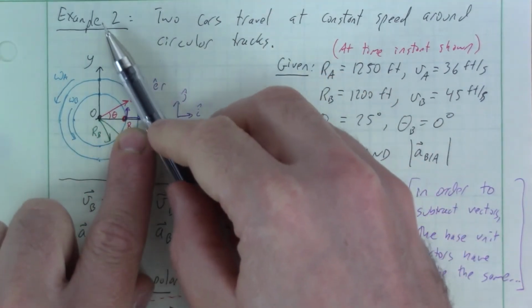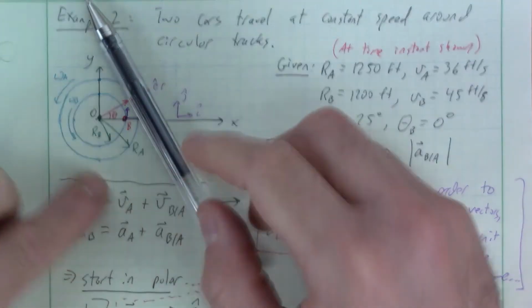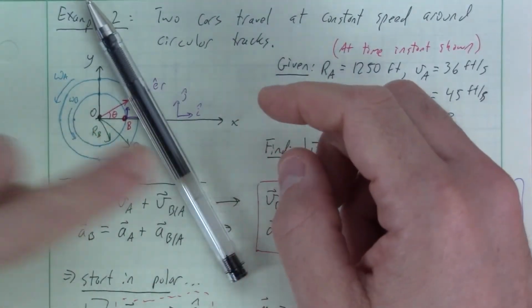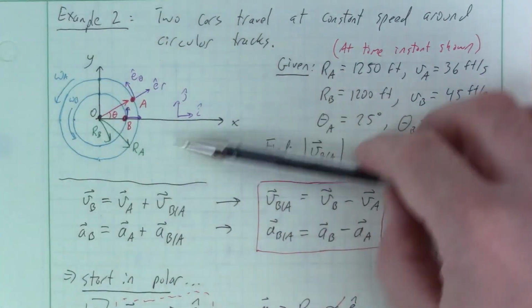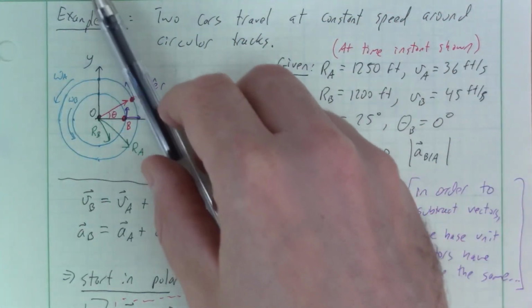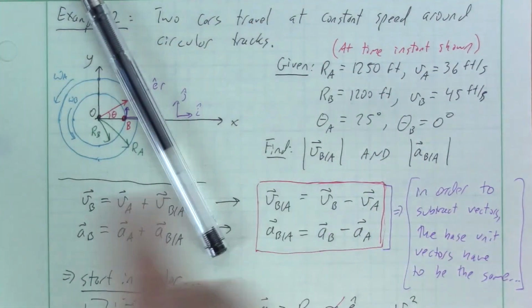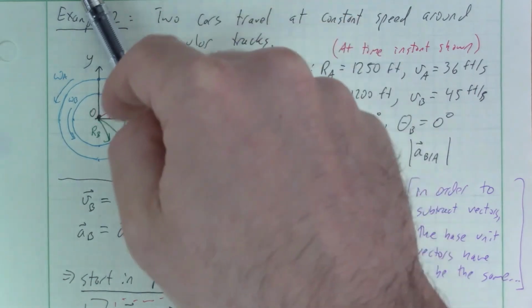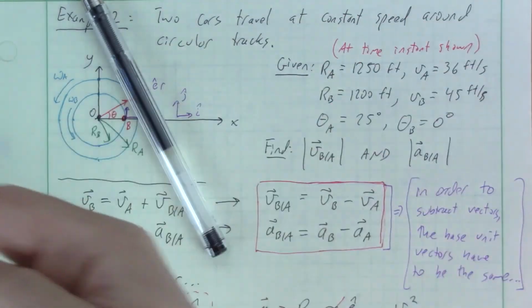As A is moving this way, it looks like B is moving in the i hat direction, even though it's not moving any further in that direction, because A is moving kind of towards the x equals 0 point. So as A has a component that's kind of backwards to the left, even though B isn't moving left or right, it looks to A that B is moving to the right. It's because A's absolute motion is to the left.